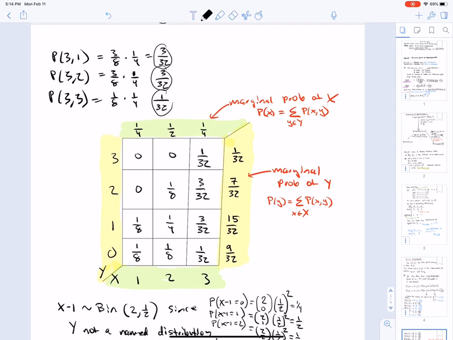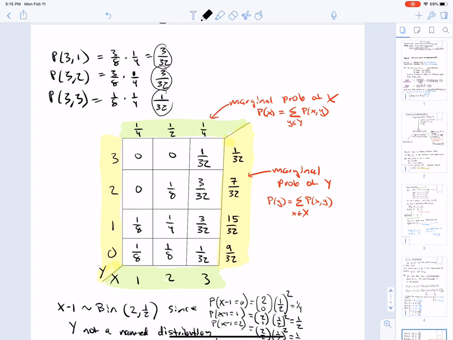So the center of this table are all of these joint probabilities. If they're impossible, such as x is 1, y is 2, it's not possible that I have 1 roll and I have 2 heads. So I will put zeros there. Notice that all the entries add up to 1. And in the margins above and to the right, I have marginal probabilities of x and y.